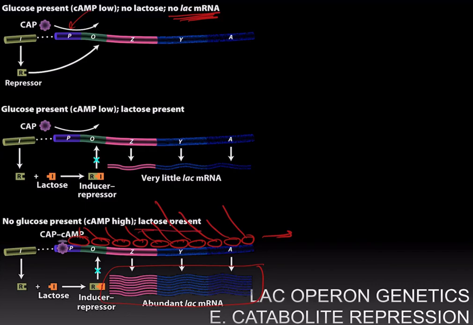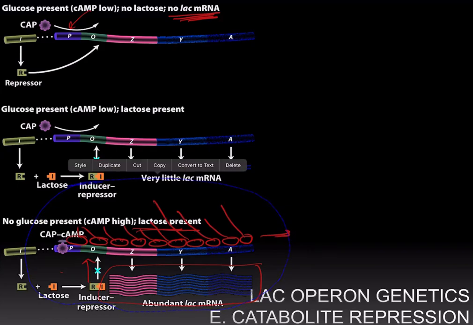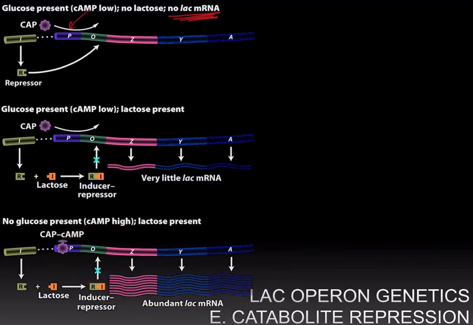Since we have lactose in the cell, due to the allosteric transition, the repressor will not be able to bind the operator and prevent the polymerase from binding to the promoter and transcribing Lac mRNA. And therefore, we here have two distinct mechanisms of gene regulation.